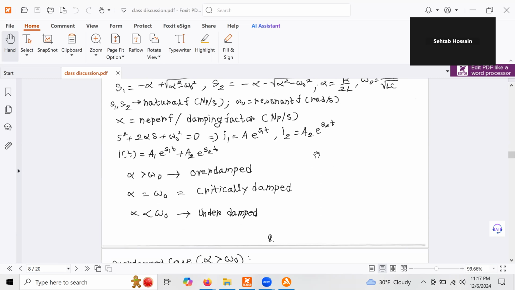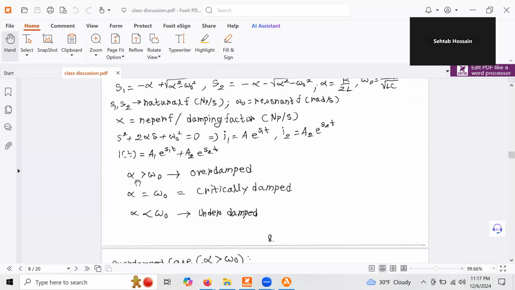Because of these two forceful phenomena, the circuit will experience some vibration.